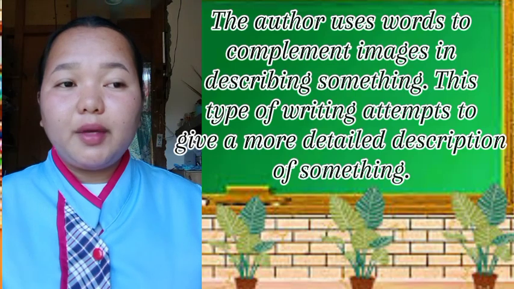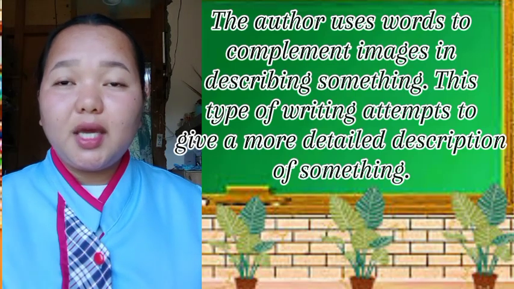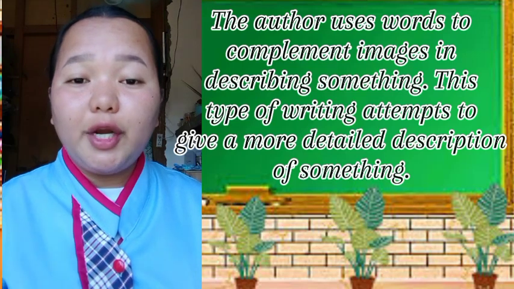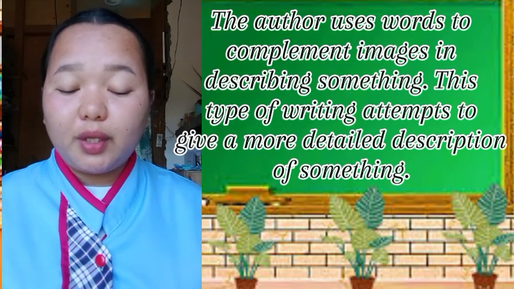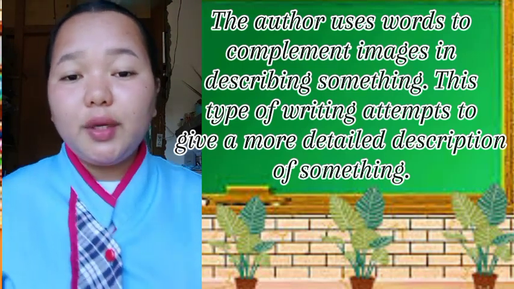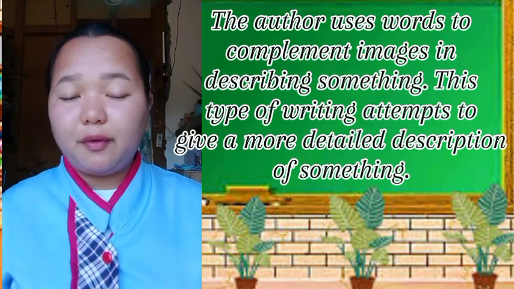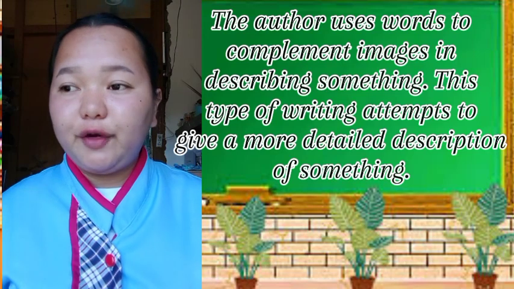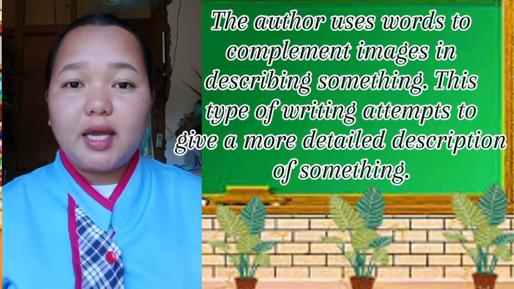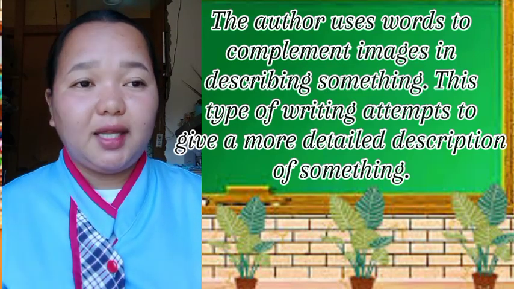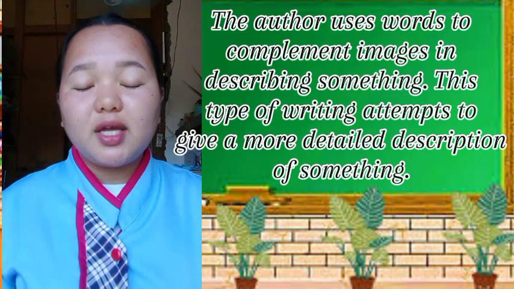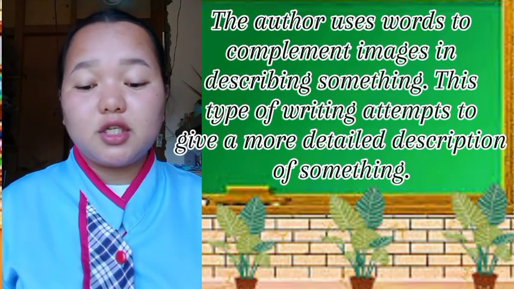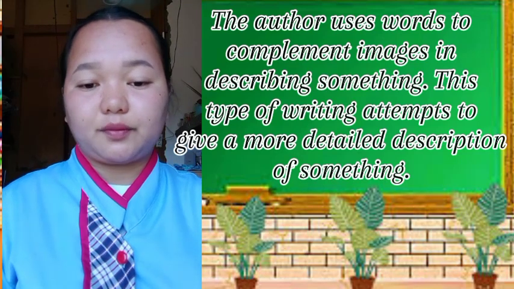In order to make your reader more attentive to your work, you will use magic words, for example, this flower is very fascinating, it is blooming. So that is the example for the last author's purpose, to describe.